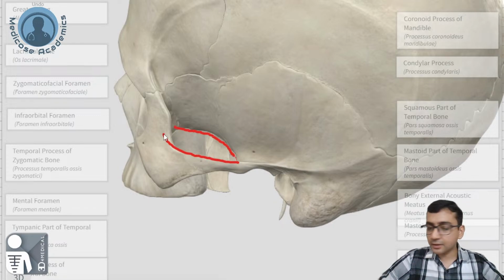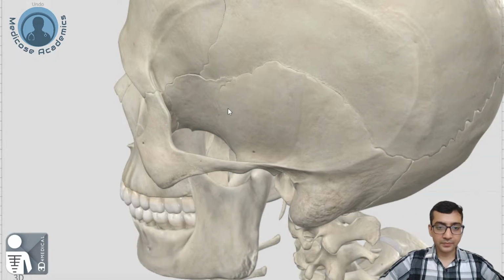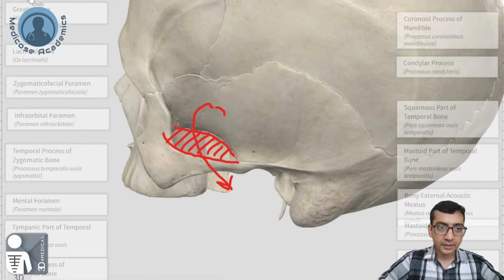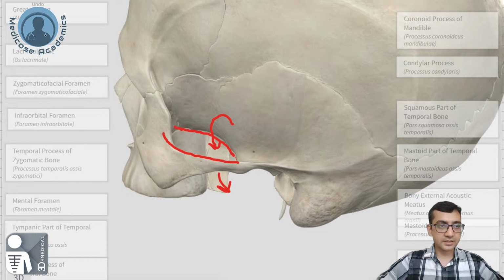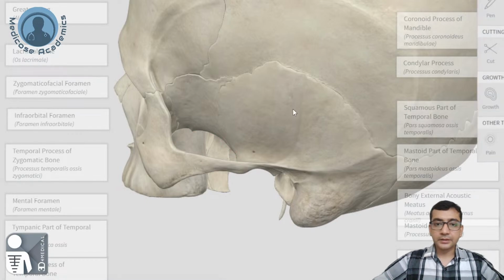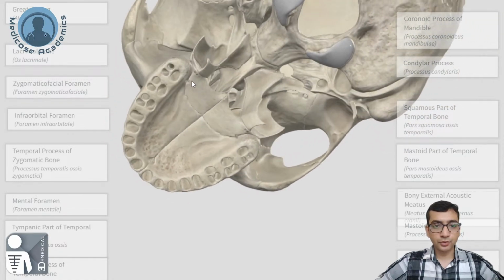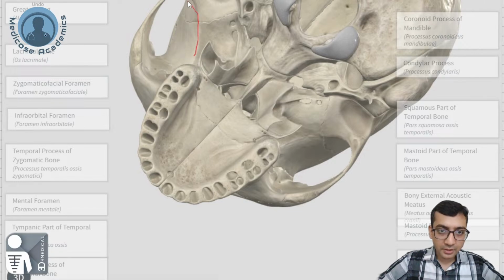Laterally, it is bounded by the zygomatic arch, and between them there is an opening that allows free communication between the temporal fossa here and the infratemporal fossa there. This is about the inferior margin. So this space is the inferior end of the temporal fossa, this area.